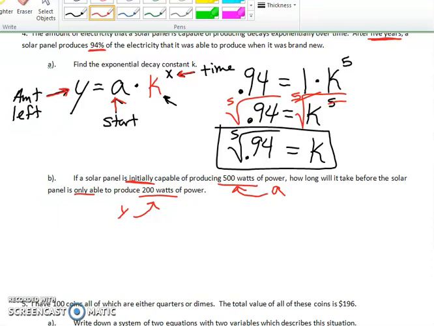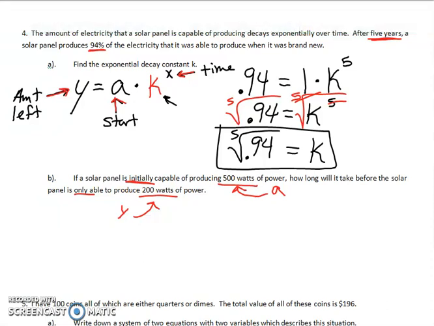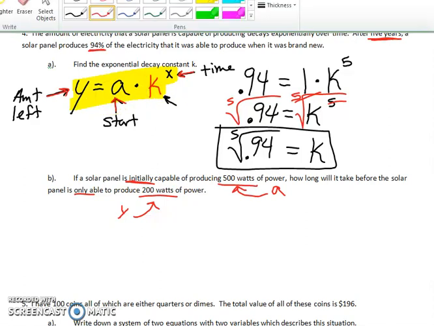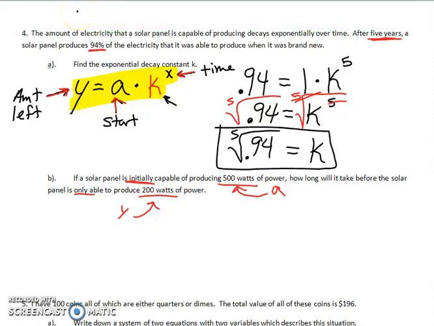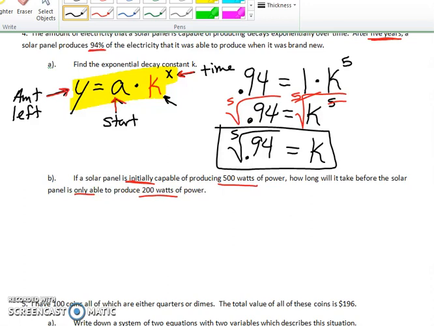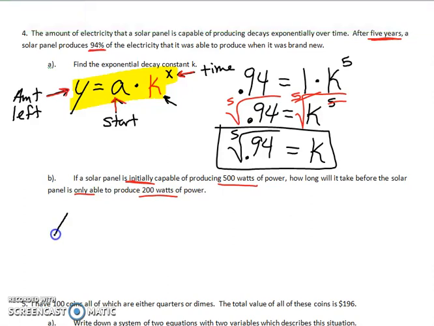So I'm going to take the equation that I started with, but now I know what my k value is. Let me erase some stuff here. I'm going to look at my equation of y equals a times, I now know my k value is the 5th root of 0.94, to the x power.